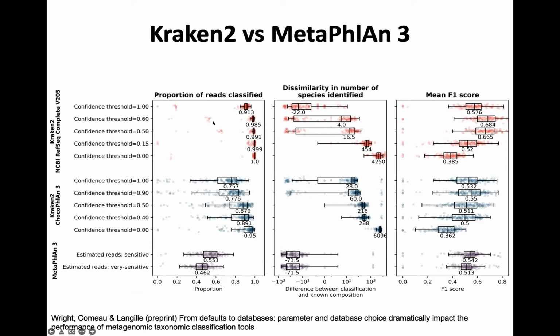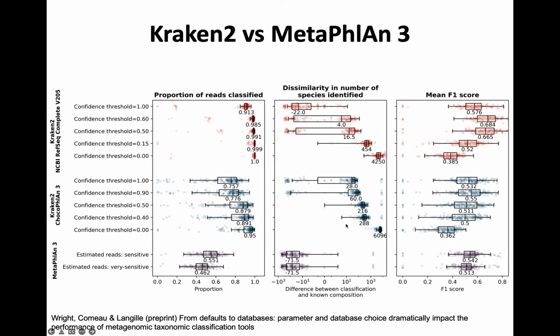This database is our over 1 terabyte size database. Notably, this is the middle one. So this is a Kraken 2 database we built based on MetaPhlAn. This is really where we compare apples to apples: if we use the exact same number of genomes that MetaPhlAn uses and we build a Kraken database, that's this middle one.